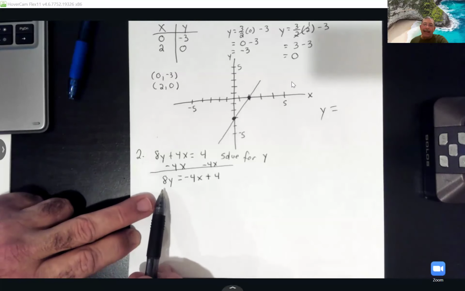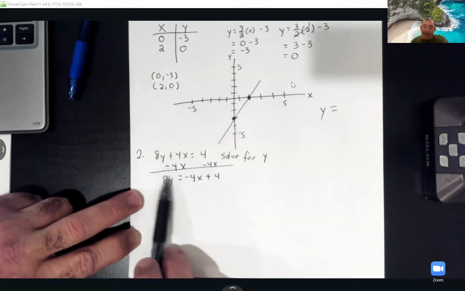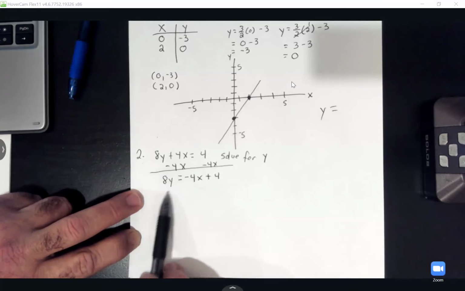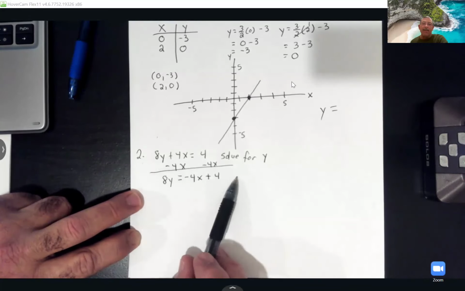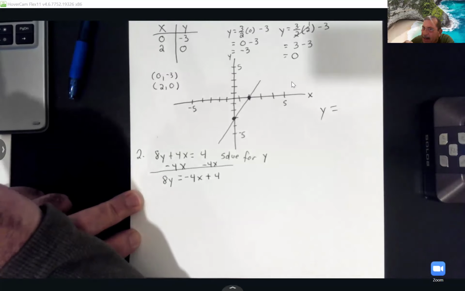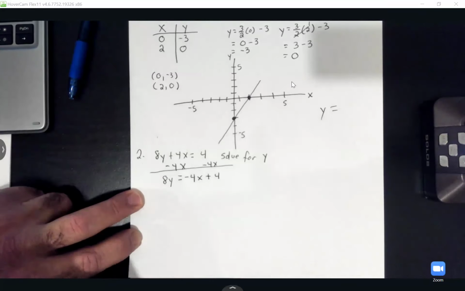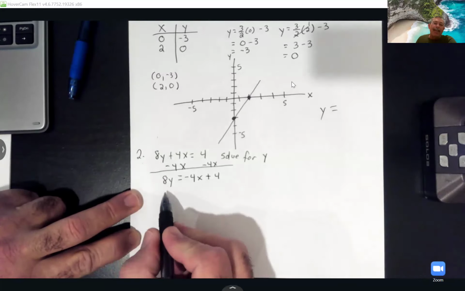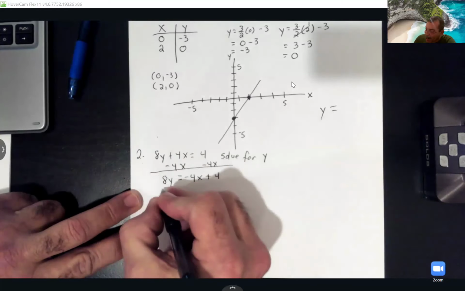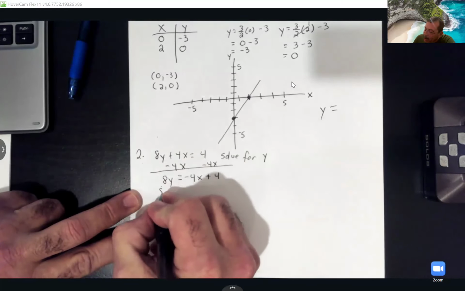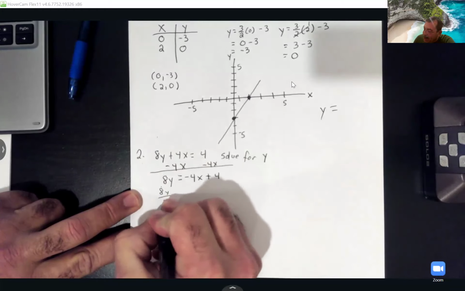Well, if you subtract, you'll get a 0 here, and then you're moving the y over. But I think I heard someone say it. Divided by 8. I'm going to divide by 8, because 8 divided by 8 will turn that into a 1y. Now, y'all remember, when you divide, everybody gets divided.